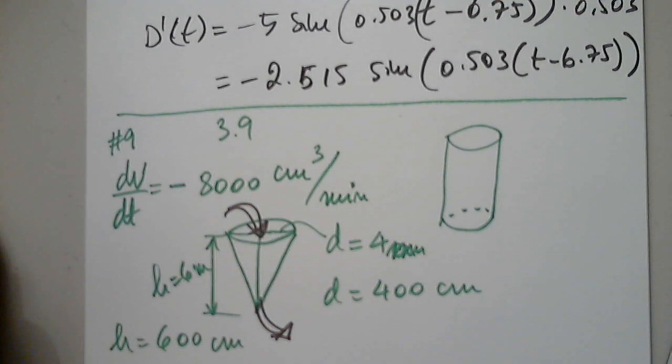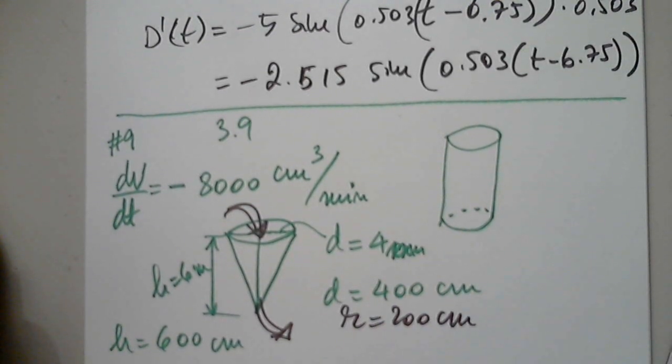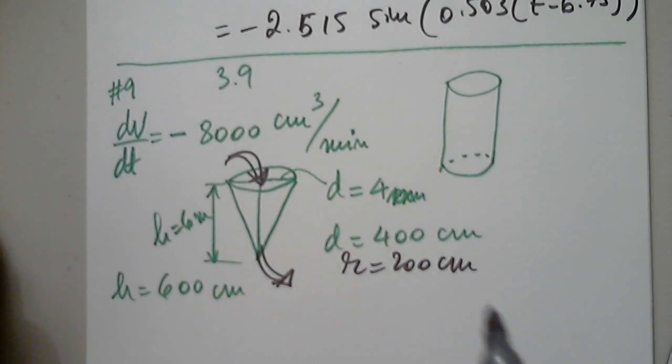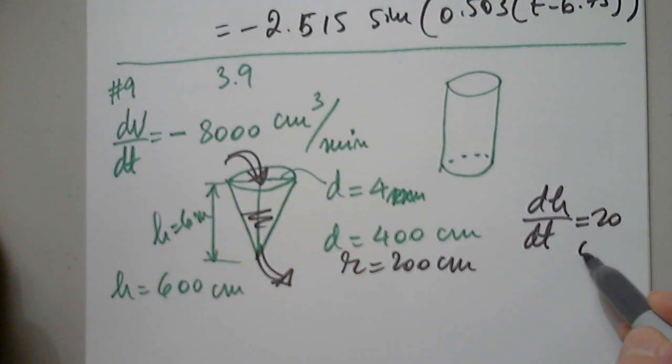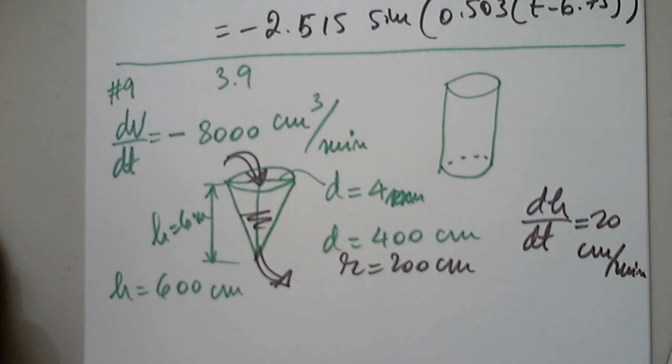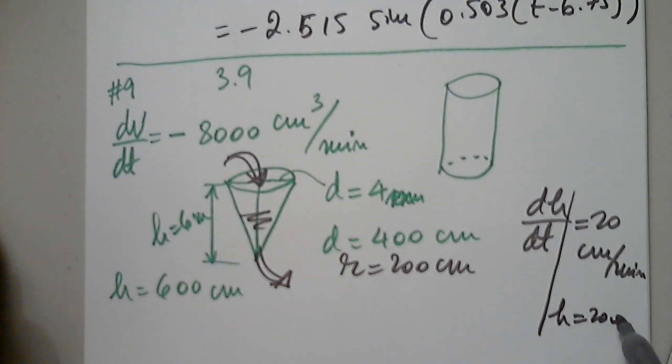The tank has height 6 and diameter at the top is 4. So in other words, the radius is 200 centimeters at the top. If the water level is rising, so the water level dH over dt, is 20 centimeters per minute when the height of the water is 200 centimeters, find the rate at which water is being pumped into the tank, the constant rate that we are talking about.